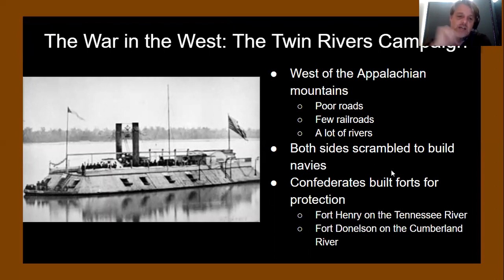So both the North and the South built ironclads, with big guns and metal armor plating. And the Confederates built forts along the Tennessee and Cumberland rivers in order to keep the North out. These became fairly big amphibious battles during the Civil War.